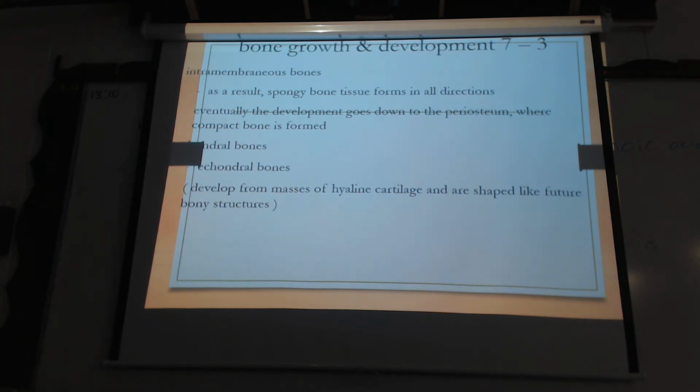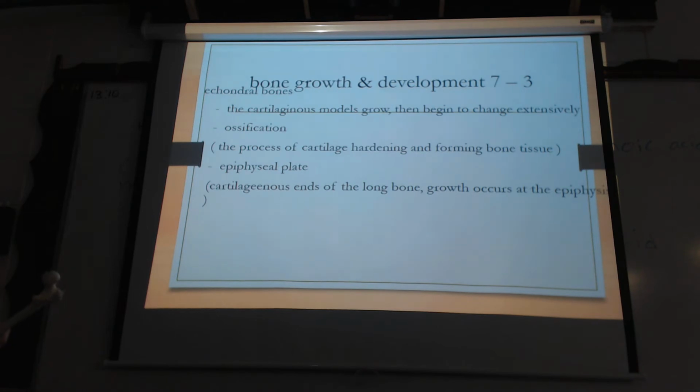Osteoblasts build materials. Osteoclasts take it down. Since the blast has a B in it, that's what you're using to build your skeletal tissue. So osteoblasts build skeletal tissue, as far as osteoclasts then reabsorb it or dissolve it, if you want to call it that.